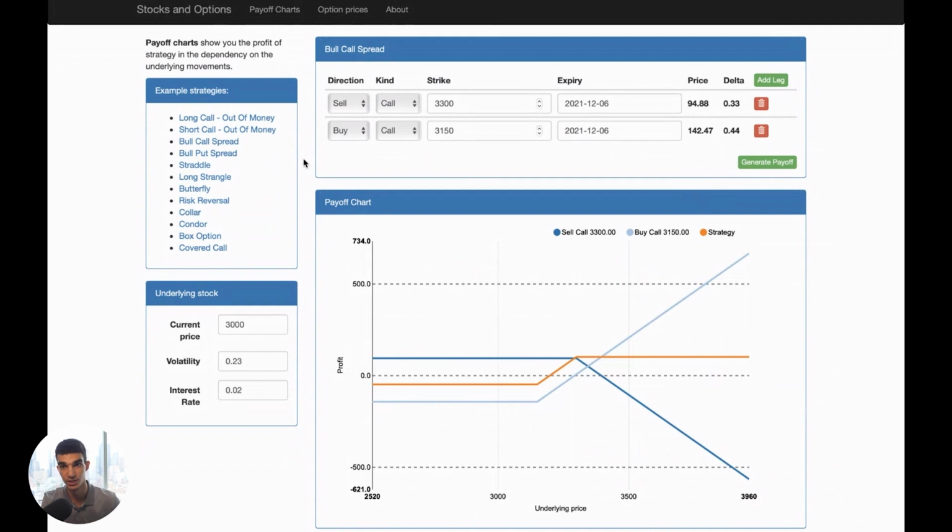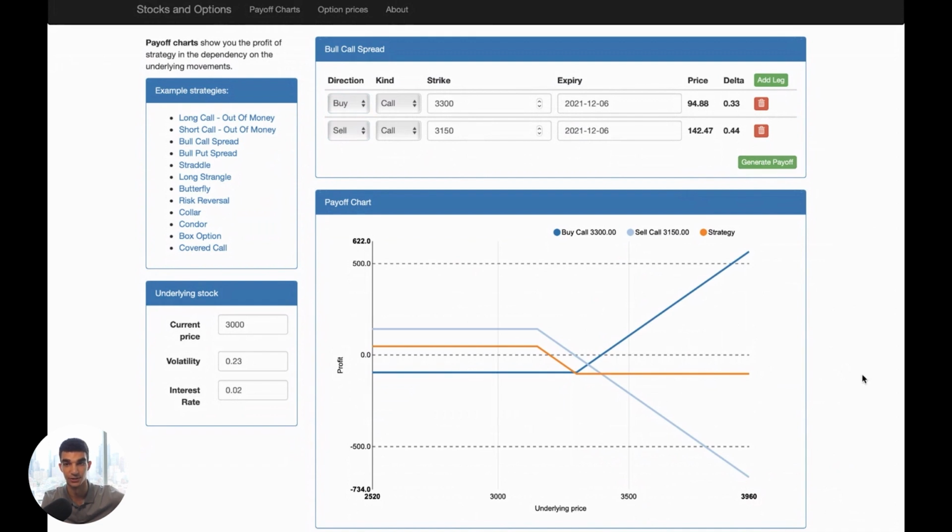Now, if I want to be on the inverse side of this, I can just buy the high strike call and then sell the low strike call, and it will just be the flip side of it. So now, we have the same, but we are in the opposite direction of the trade.